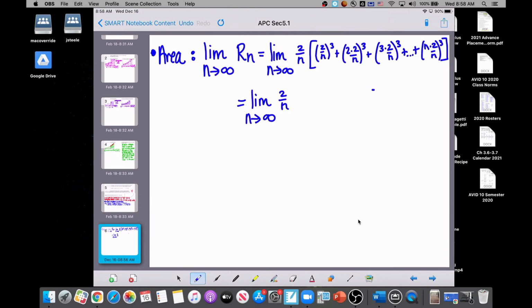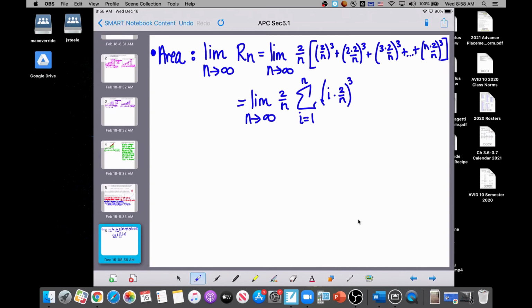So there's my summation notation: the sum from i equals 1 to n, and then I have to come up with an abbreviation that's generic for each of those heights of those rectangles. Well, the number in front that's being multiplied times the 2 over n is whichever term it is, so we're going to say that's our i, times the 2 over n, and it's always cubed, right?